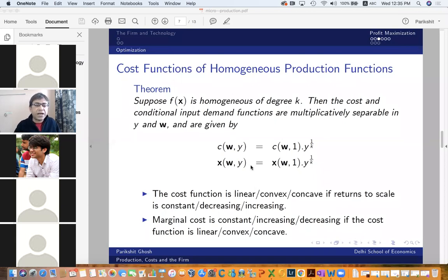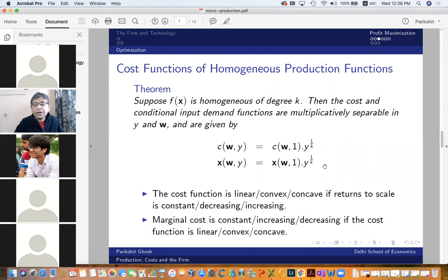So if the degree of homogeneity of the production function is, let's say, 3, if it's IRS, then our cost and input demand functions will be concave, y raised to the power 1 over 3. And in the intermediate case, where k equals 1, we have constant returns to scale. Then the cost and input demand functions are linear. So this is a useful property.